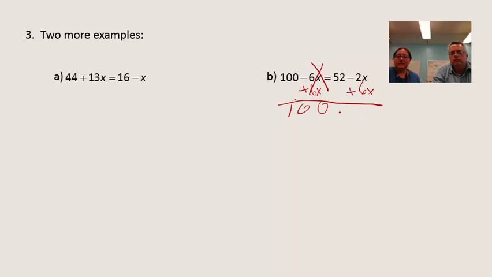That's 100 equals 52 plus 4x. We'll definitely use backtrack on this one. We've got x times 4 plus 52 equals 100.